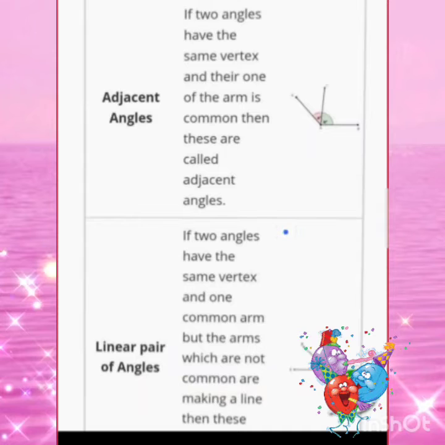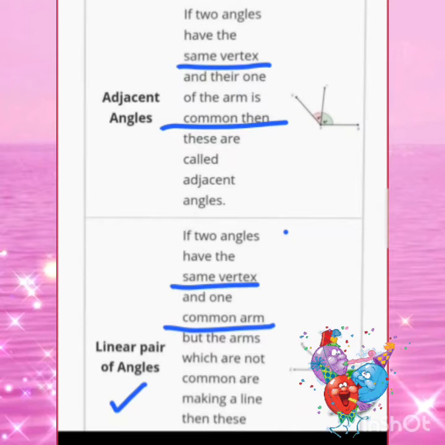If two angles have the same vertex and one common arm, here they have the same vertex, same as here, and they have a common arm also. But the arms which are not common make a line, then these angles form a linear pair of angles.